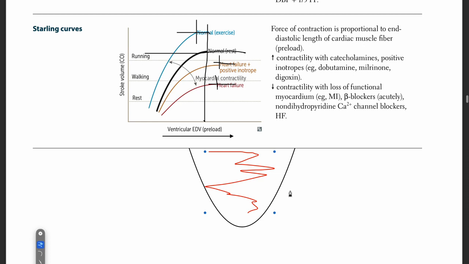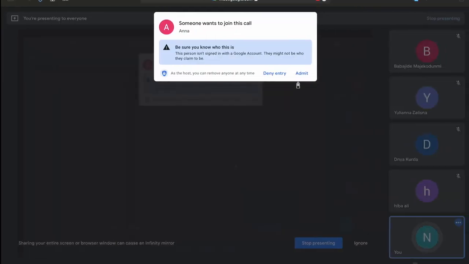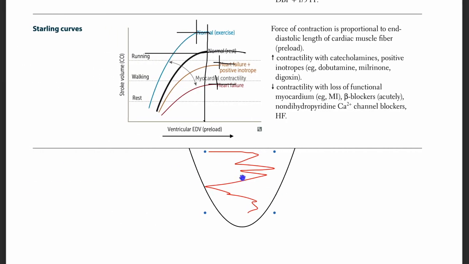The heart has the recoil muscles or the contractile muscles, right? So the more you push outwards, the more it's gonna push inwards, right? The more you push outwards, the more it's gonna push inwards. So that's what they're talking about. The force of contraction is proportional to the end diastolic length of cardiac muscle fibers.